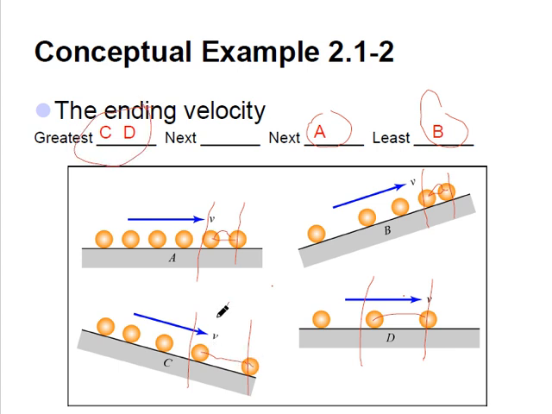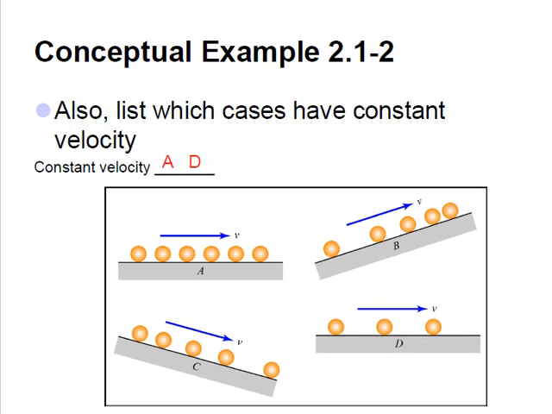Because the delta S is bigger than this too, so therefore your velocity is bigger. Because velocity is the delta S divided by your delta T. All right, so that's how we solve this problem for conceptual example 2.1.